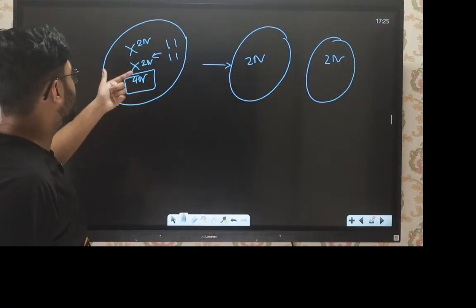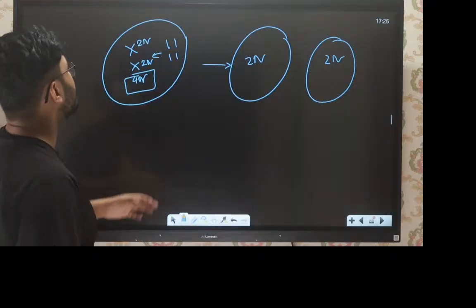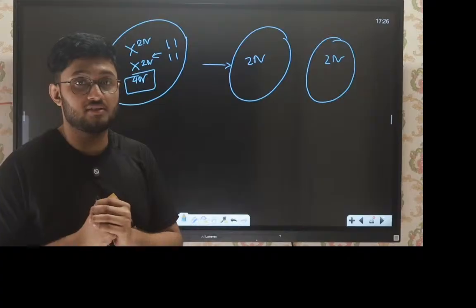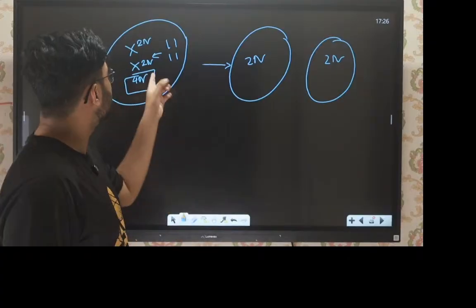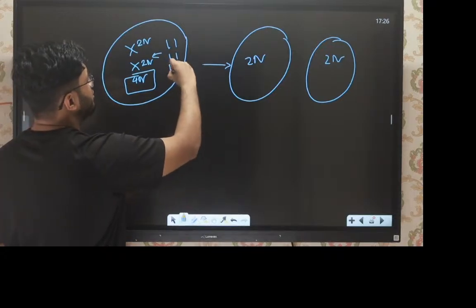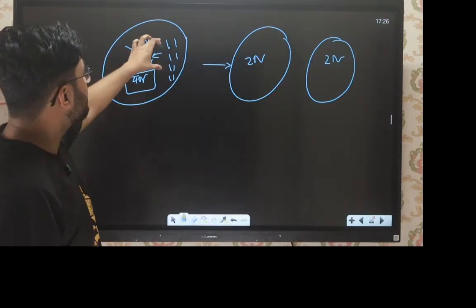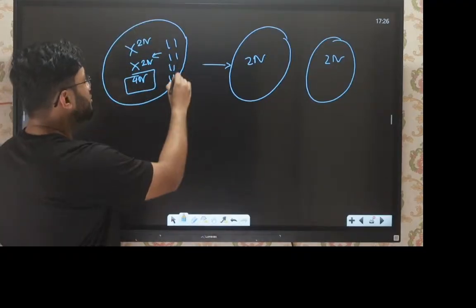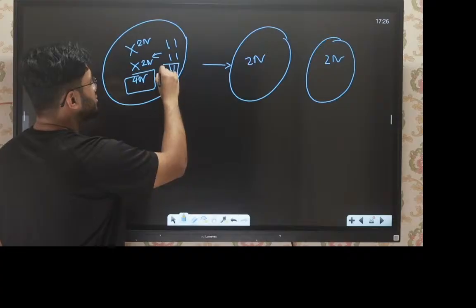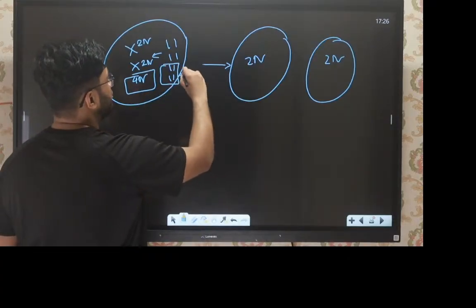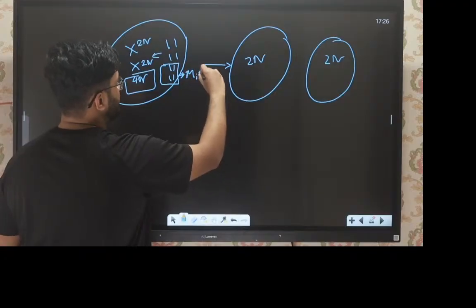So let me simplify it again. Each chromosome has, in this case, 2, 3, 4, you have 1, 2, 3, 4, 5, 6, 7, 8 chromatids. These 4 have been formed extra due to the replication, due to mitosis or DNA replication.